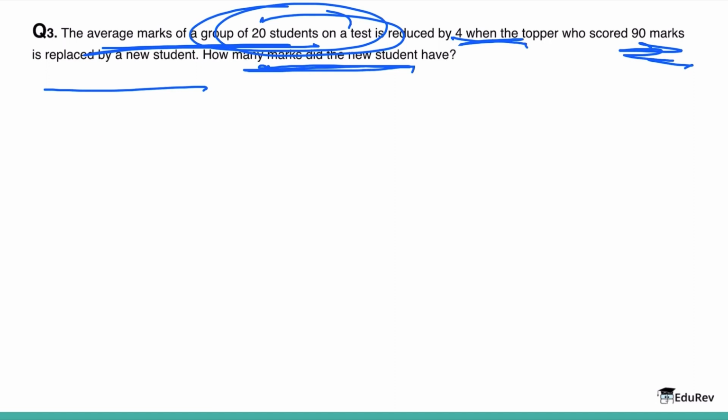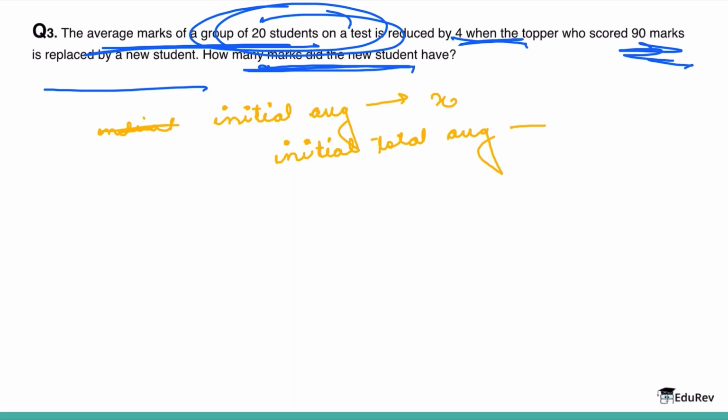Let me change the color. So the initial average is going to be x, and the initial total is going to be 20x. Alright.